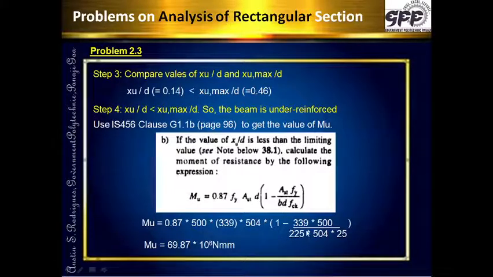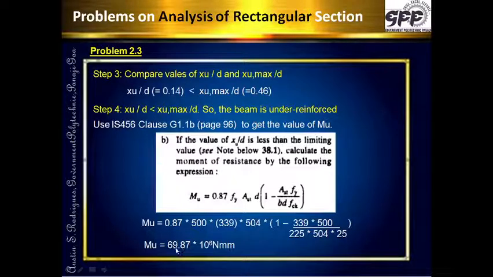B, the width of the beam, is 225. The effective depth is 504 and the characteristic strength of concrete is grade 25. Having solved this, we get the ultimate moment of resistance as 69.87 into 10 raised to 6 Newton mm.